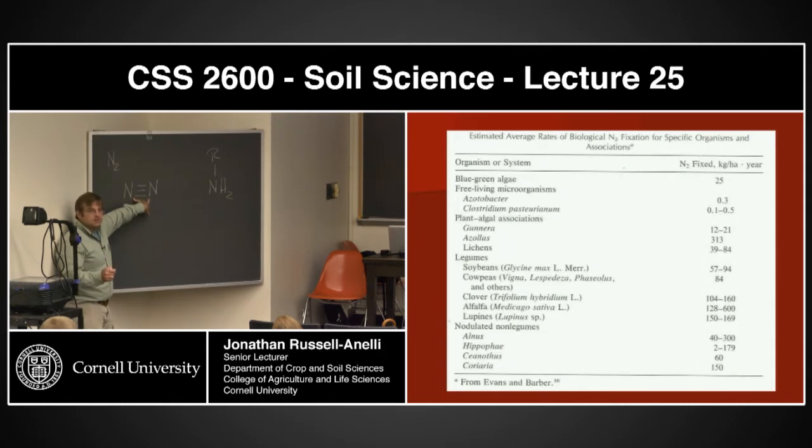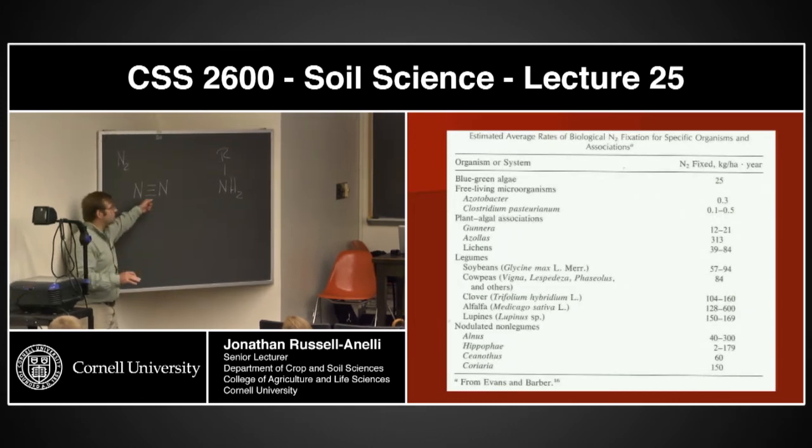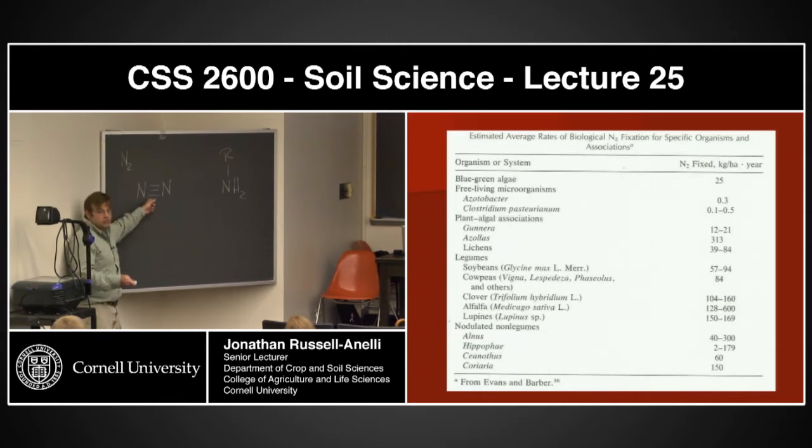Now think about this. If I'm an organism and I have nitrogen in another form that's available for me to use, that's all around me, would I prefer to break this nitrogen, which is going to take a lot of energy to do, or would I rather take the easily available nitrogen that's in another form? Yes, it's in another form, but I can take it up and I can assimilate it.